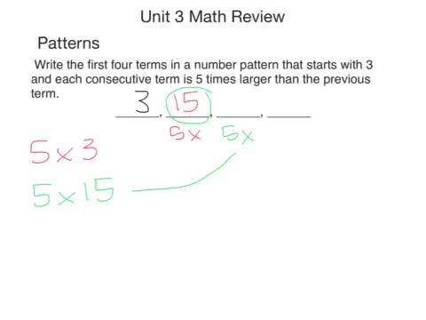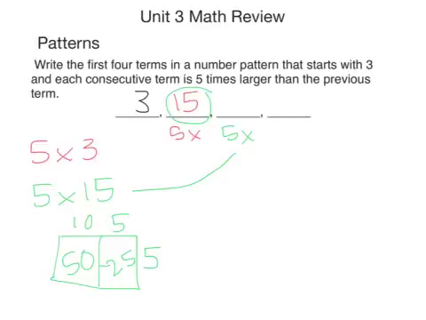So let's put this in our area model, decomposing the 15 into 10 and 5, and then multiplying by 5. So 5 times 5, or 5 groups of 5, is the same as 25. And 5 groups of 10 is the same as 50. And then if I add those together, 50 plus 25 is the same as 75.